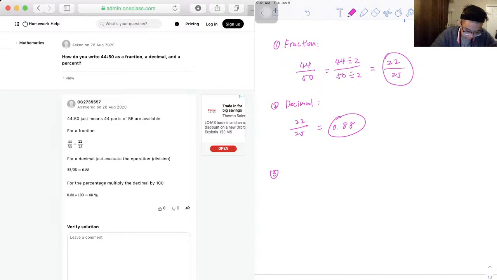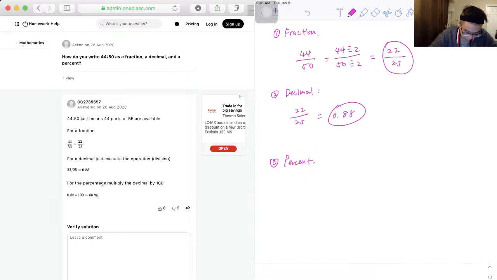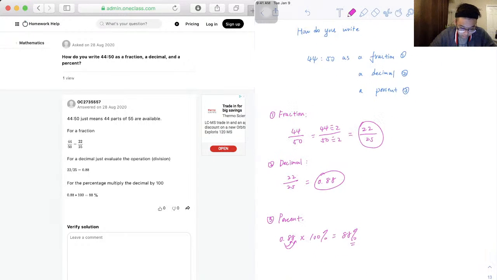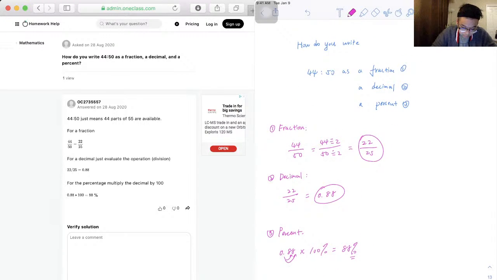Okay, and in terms of the percent, we just need to multiply the decimal by 100%, right? So 0.88 times 100% is equal to 88%, because we just moved the decimal point to the right by 2 places, with a percentage sign at the end, right? So that's how we write this as a fraction, a decimal, and a percent.